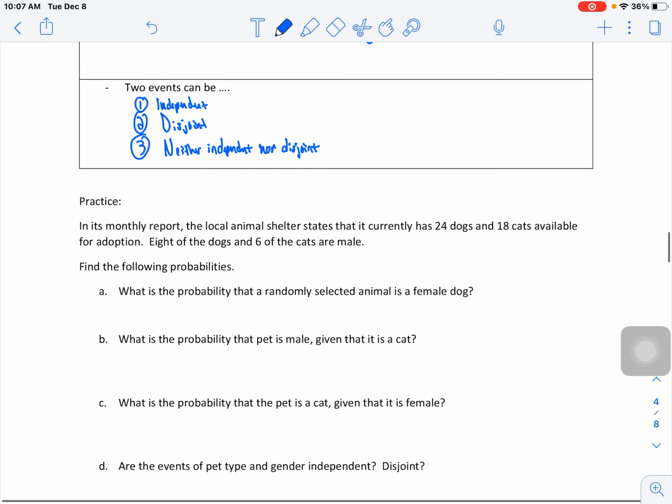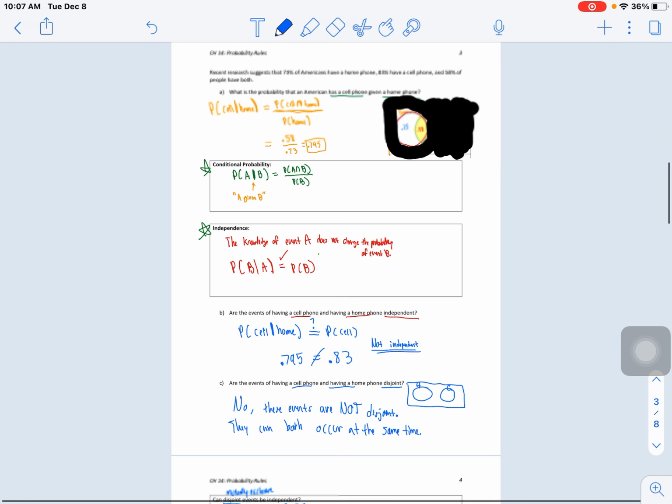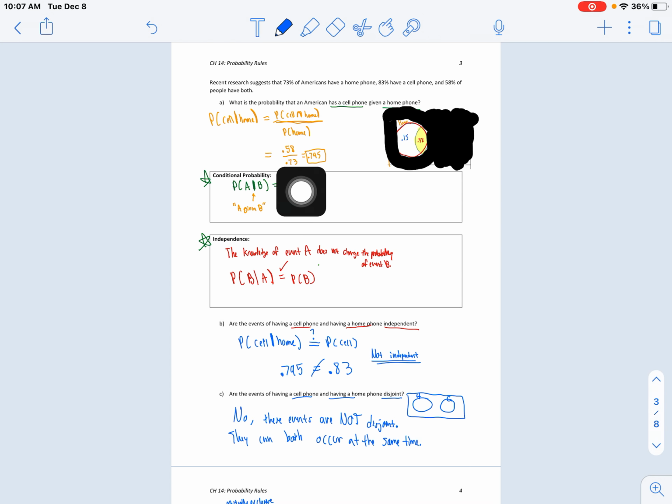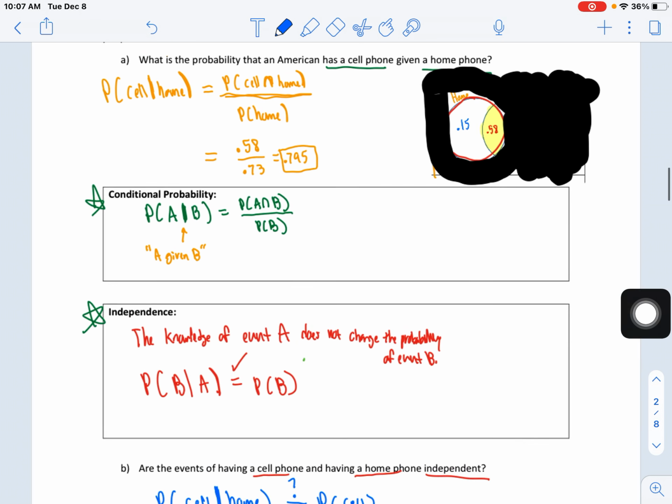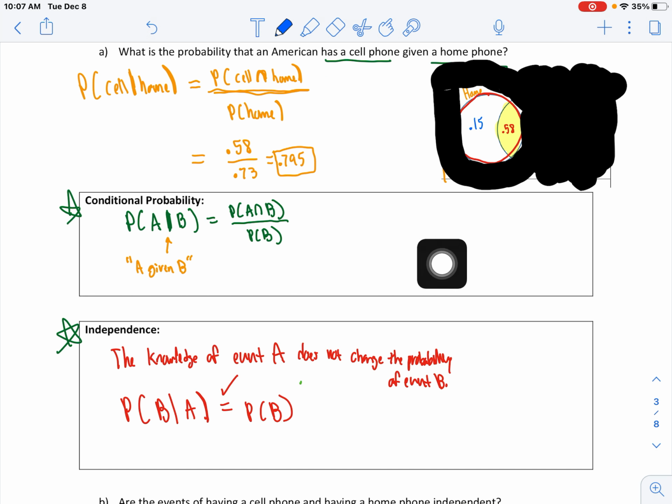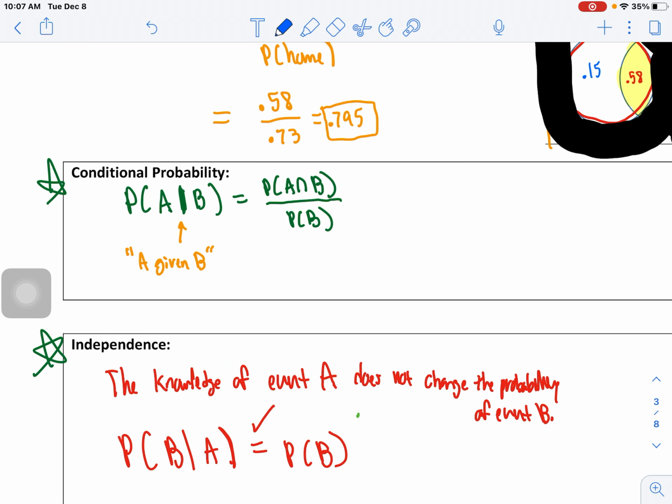All right, so before we do these practice problems, just a quick recap of what we've done. Conditional probability and testing for independence. Conditional probability is really just probability, guys, but we're looking at a smaller sample space. Like if I said, what's the probability that a student at Round Lake High School likes the color blue?